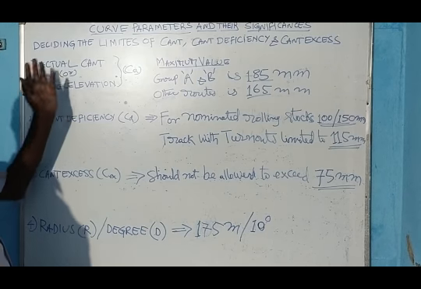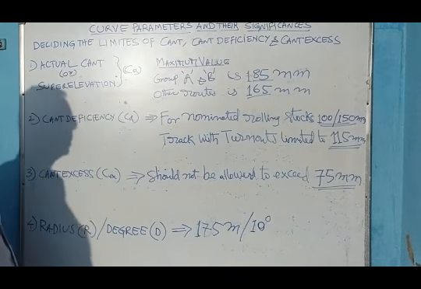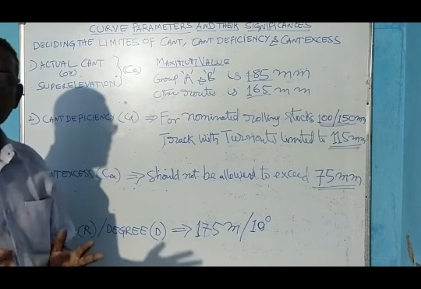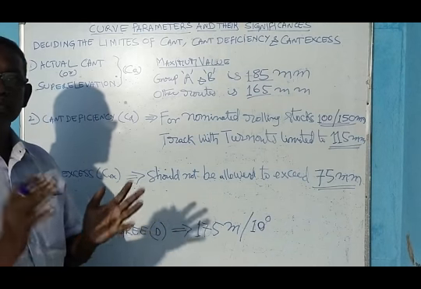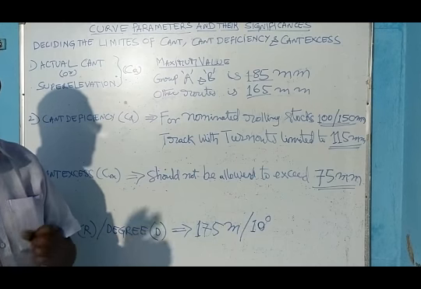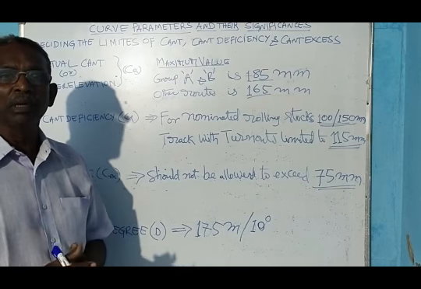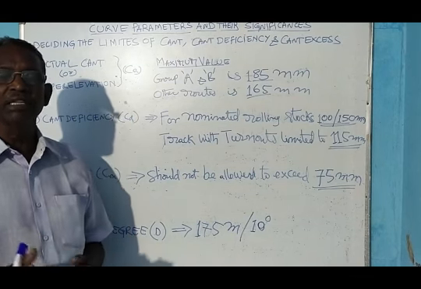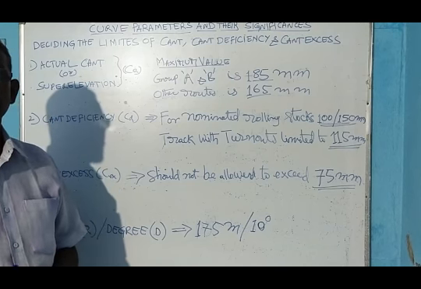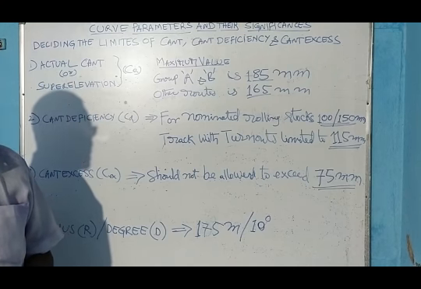Next, for deciding the limits of cant deficiency and cant excess, there are considerations: to ensure better distribution of load on both rails, to minimize wear and tear of rails as well as wheels, to neutralize the adverse effect of lateral forces, safety against overturning and derailments, then maintainability and comfort of the passengers.